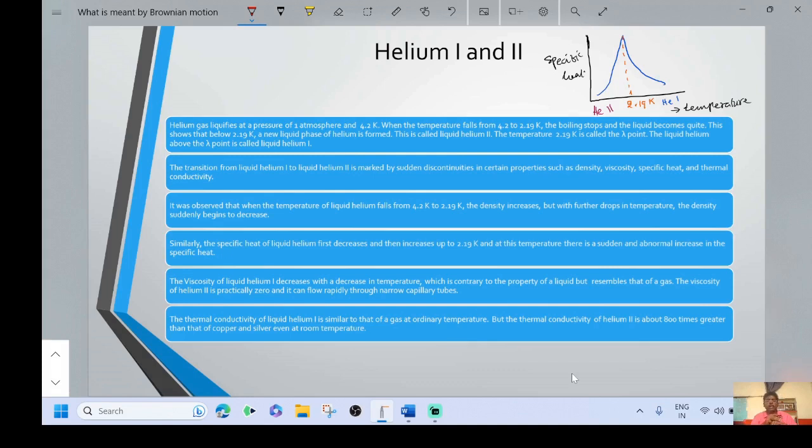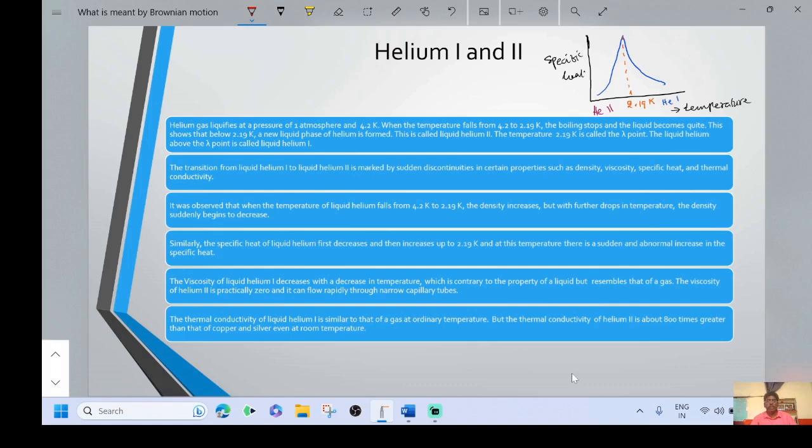It was observed that when the temperature of liquid helium falls from 4.2 Kelvin to 2.1 Kelvin, the density increases, but with further drops in temperature, the density suddenly begins to decrease. Similarly, the specific heat of liquid helium first decreases and then increases up to 2.19 Kelvin, and at this temperature there is a sudden and abnormal increase in the specific heat.